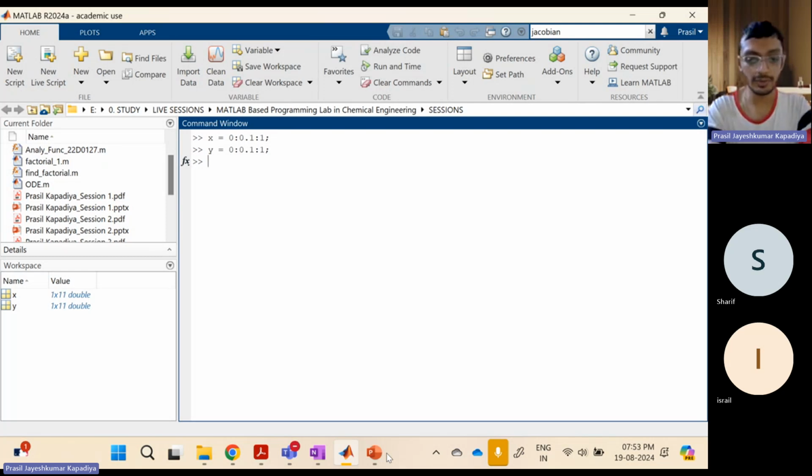This is my x and y. My function f1 is equal to x square plus y square minus 1. It should be here, not here.